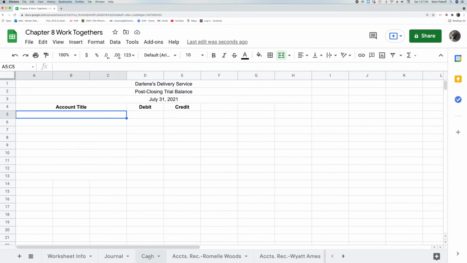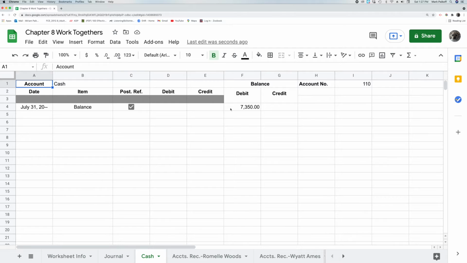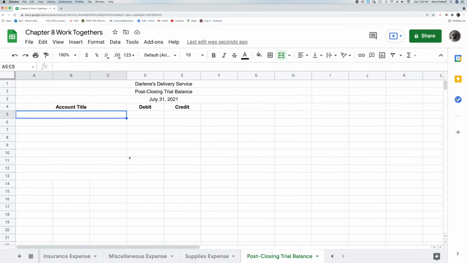So if we come over to the cash ledger, as you can see here, this account has a debit balance of $7,350. And if we come back over to the post-closing trial balance, we're going to put in cash for the account title, and then we're going to record the amount, which is $7,350 in the debit column.